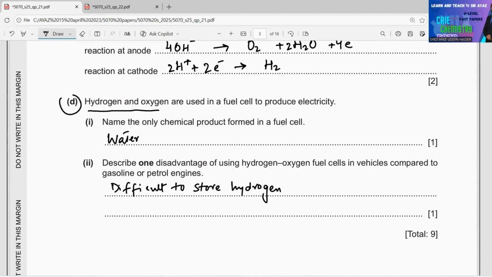So you'll write about the availability of hydrogen sources, because it's obtained from non-renewable resources.